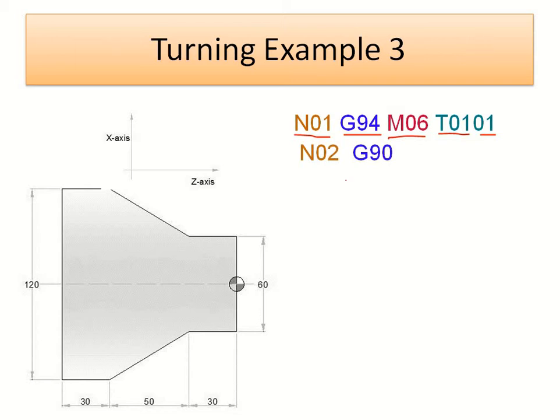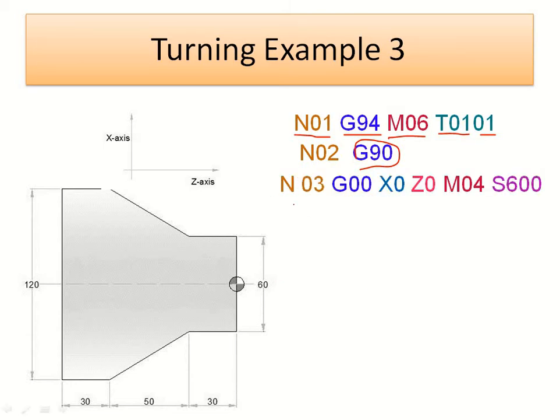Then N02, that is the second block, and G90 represents absolute programming. Afterwards the next block represents linear programming, that is G00 rapid traverse X0 Z0.